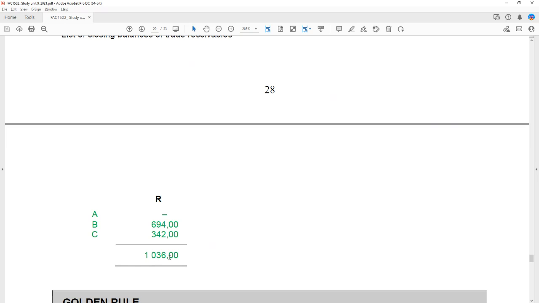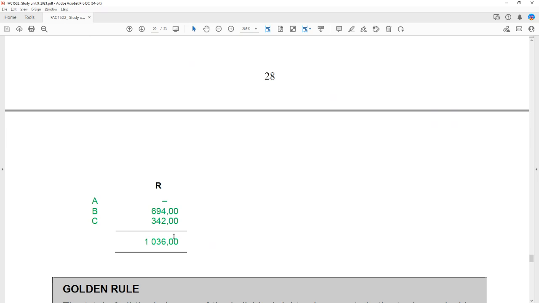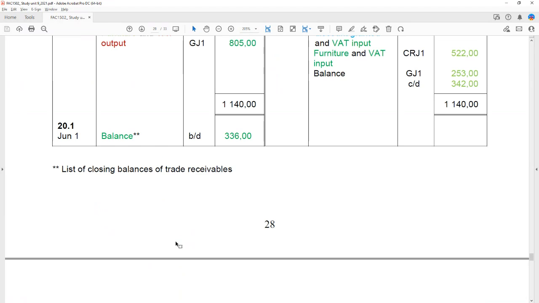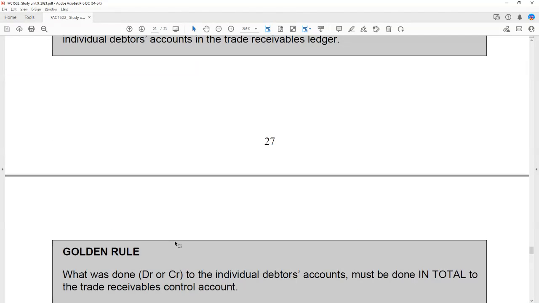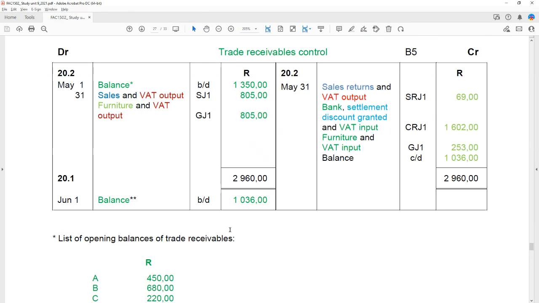So that shows me that my balances as per my trade receivables ledger, because debtor A owes us nothing anymore, debtor B owes us 694, and debtor C owes us 342 Rand, add up to 1036 Rand, which is equal to my trade receivables control account of 1036.